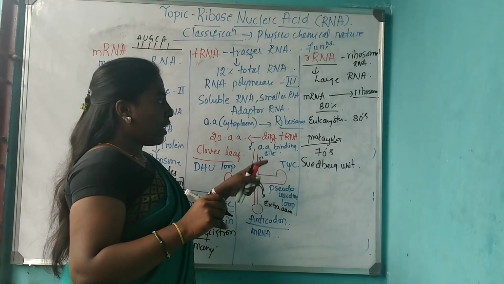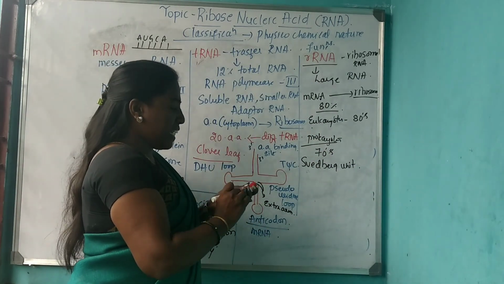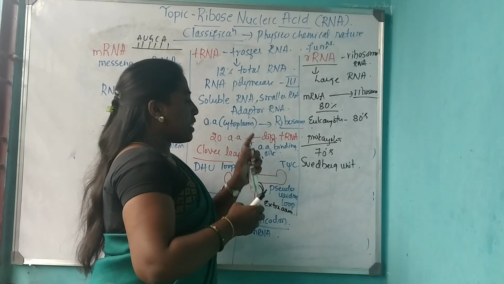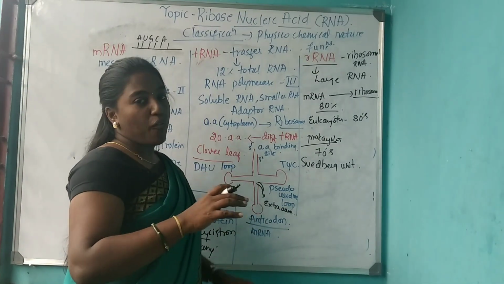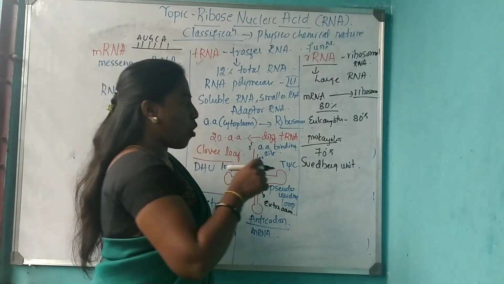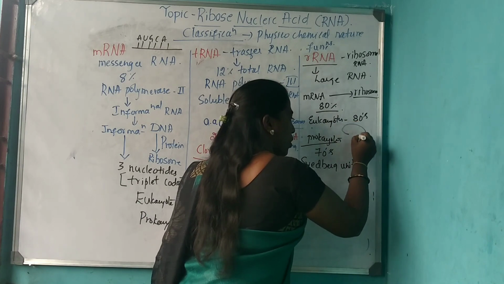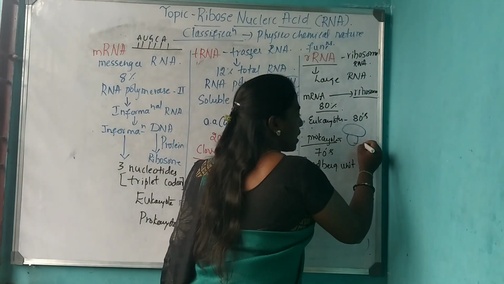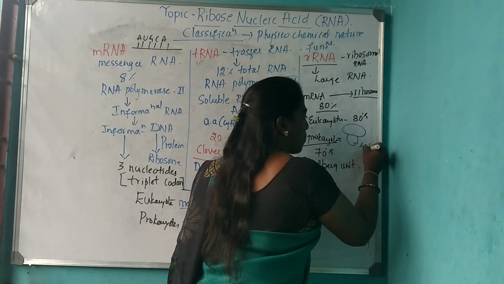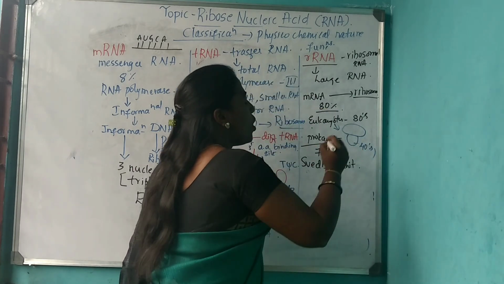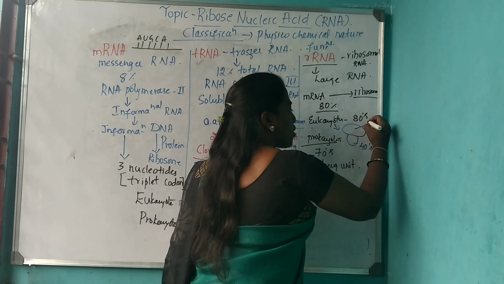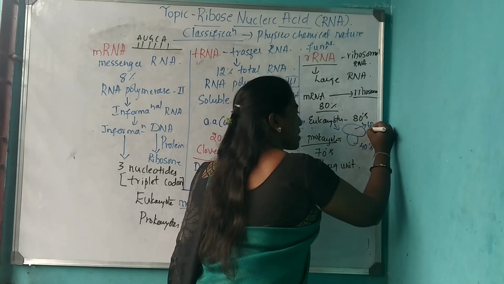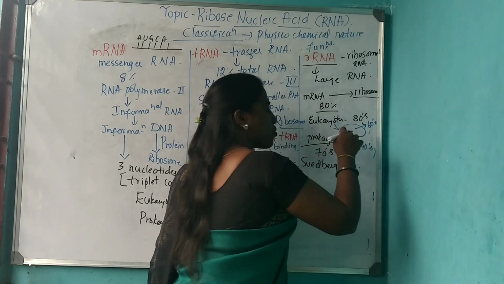Okay, so what does that 80S mean? Usually these ribosomes are made up of one large unit and one small unit. The small unit here is made up of 40S type. In case of eukaryotes I am talking. The large unit is made up of 60S type. Okay. Students, don't get confused.